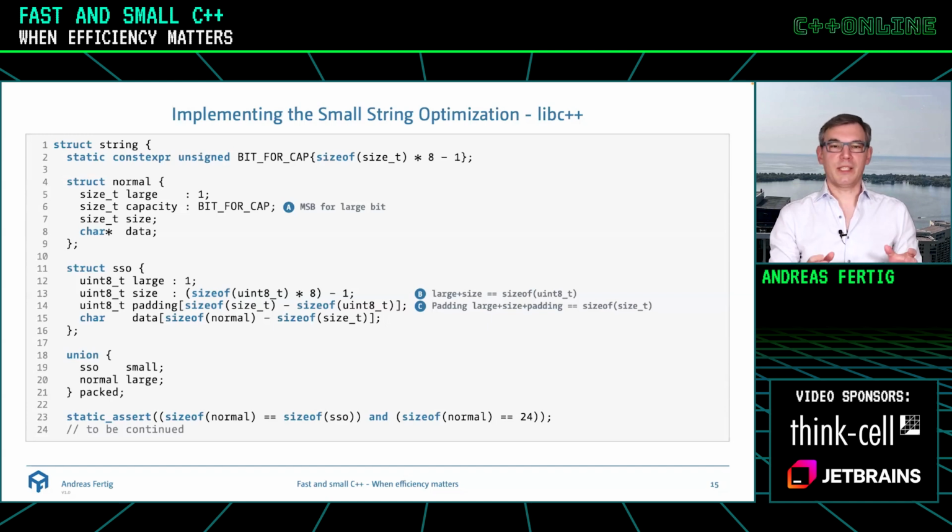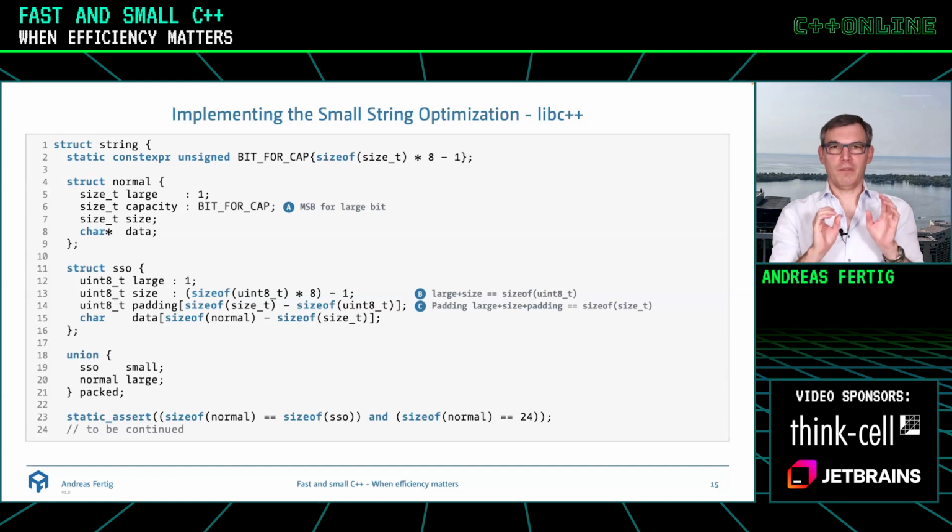The padding is whatever is required to make the two previous data members align to a size_t in total. So uint8_t minus a size_t. So we're wasting a couple of bytes here. Followed by a char array data, and that one now has the size of normal minus the size of a size_t. That means this field here has 16 bytes.